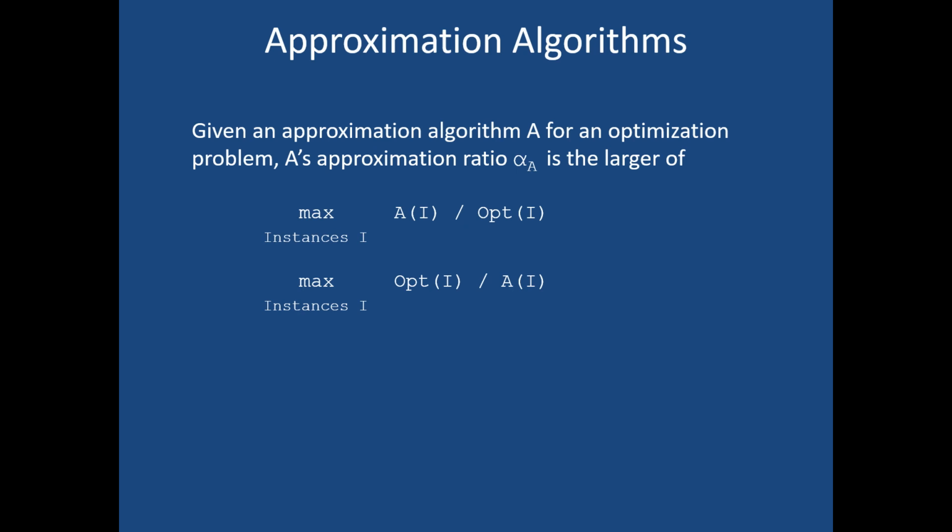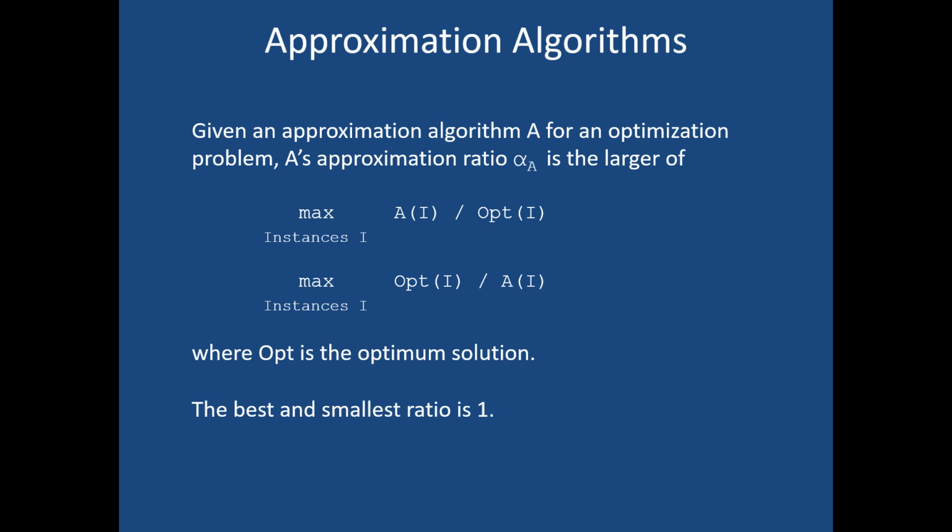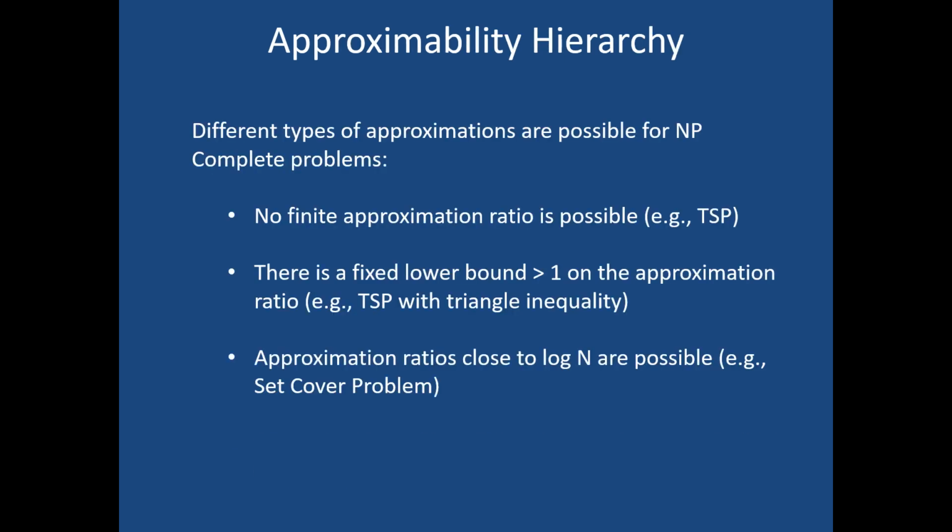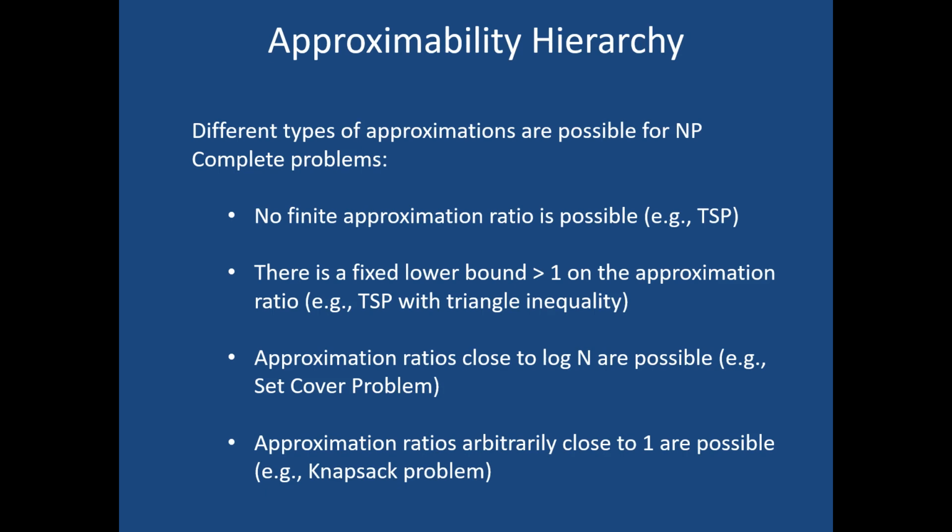So it's just the ratio between how well you can do if you solved it completely versus how well you do when you approximate it. What we want to do is find algorithms that make these approximation ratios small. Our goal is to have the ratio be 1. There's a hierarchy. You have problems to which no finite approximation ratio is possible; we just argued that for the traveling salesman problem.